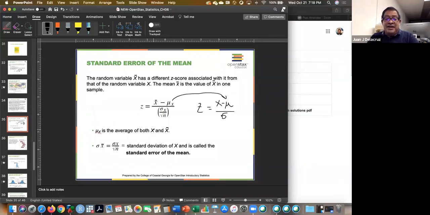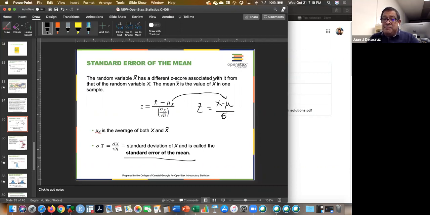So the mean of x is the average of both x and x bar. And this standard error is nothing else but sigma divided by the square root of the sample size. So once again, we are going to call this the standard error of the mean.